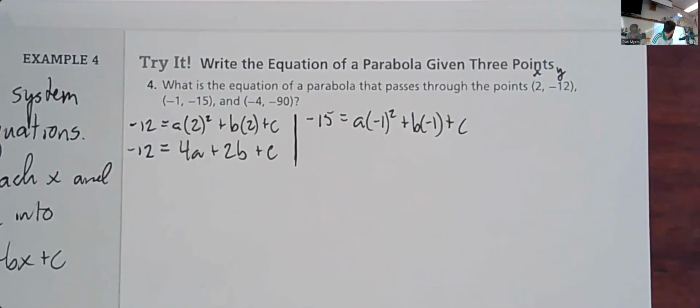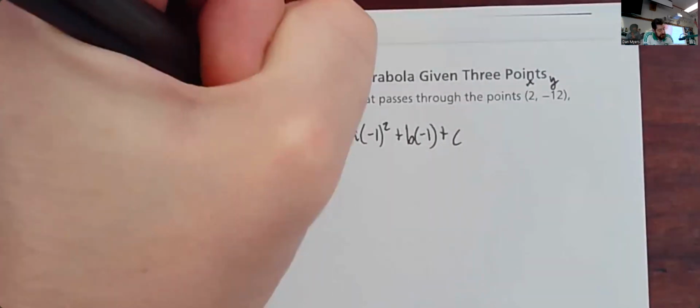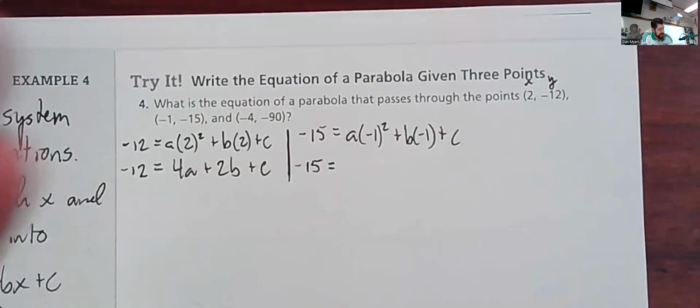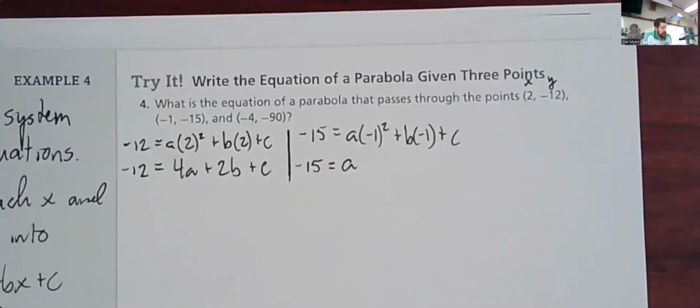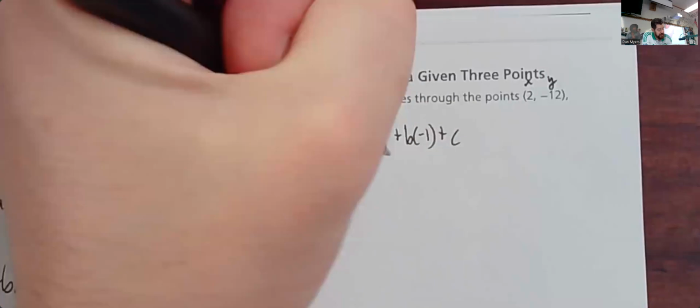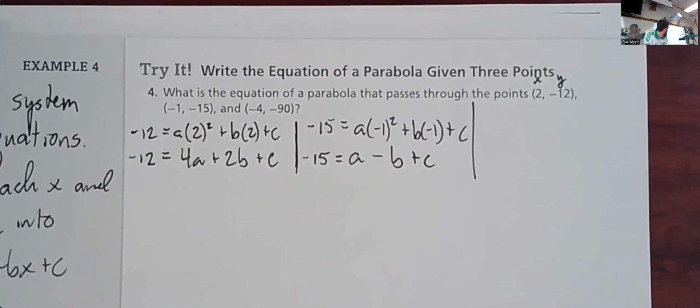Then -1 squared is 1, and 1 times a is just a. B times -1 is -b, so minus b, and then plus c. So -15 equals a minus b plus c.